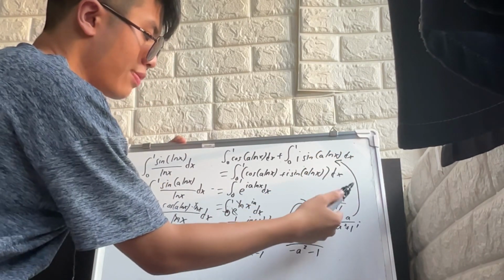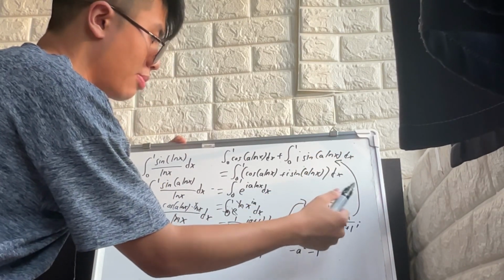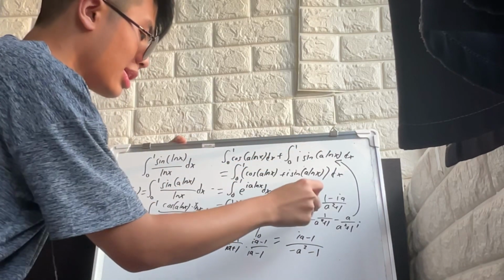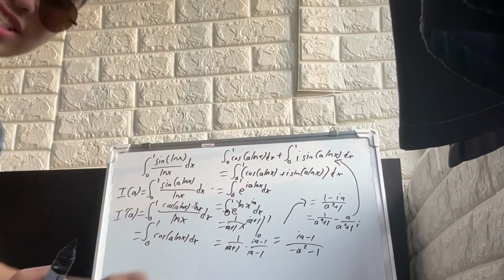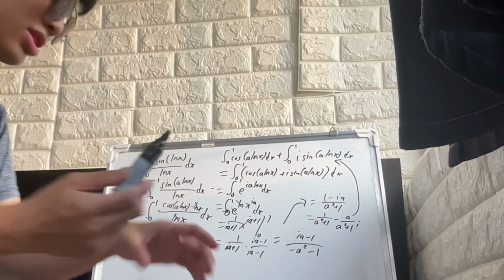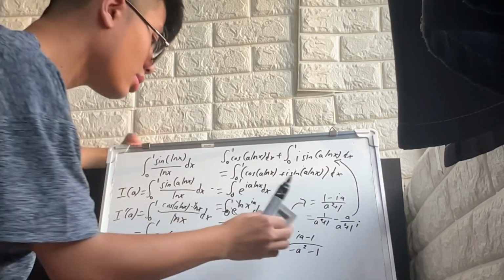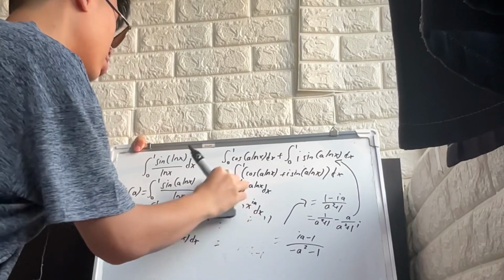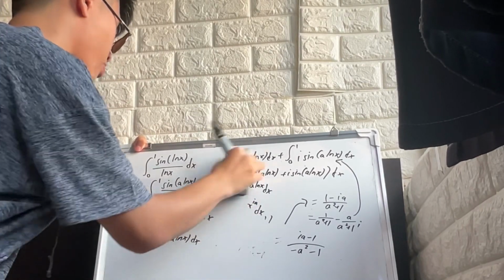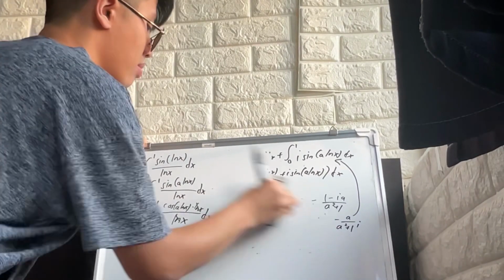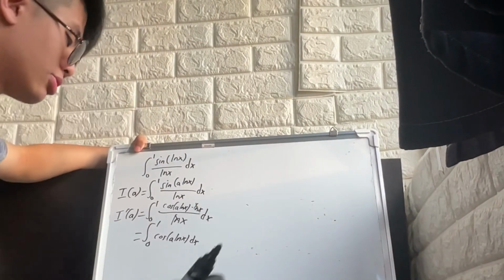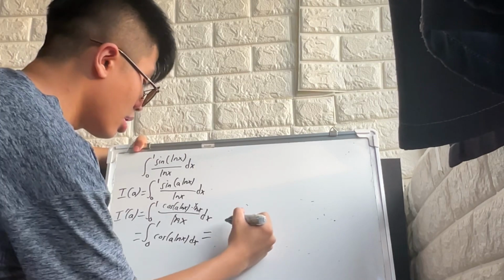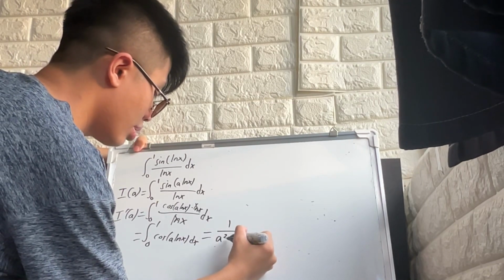Of course, negative a over a squared plus 1 times i is the answer of this, and 1 over a squared plus 1 is the answer of this. Really cool. Let me erase this. So over, you get this answer is equal to 1 over a squared plus 1.